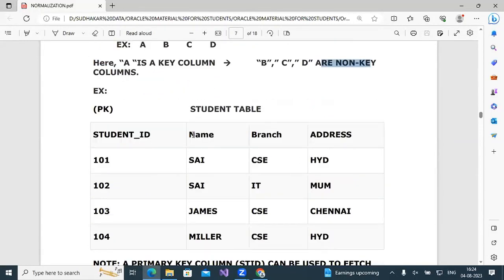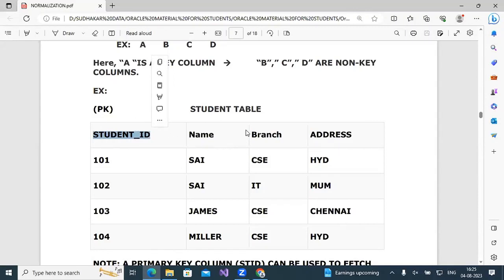Then all these columns are called fully dependency columns, because every student name, every branch name of the student, address of the student, everything will be linked with the student ID. So that means your complete student details depend on student ID, I can fetch them. All details depend on or are linked with the student ID.